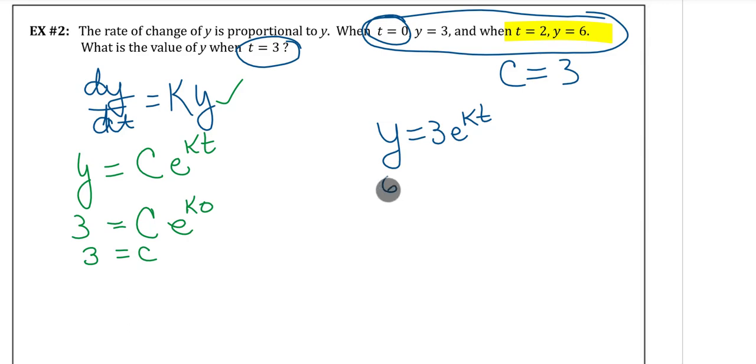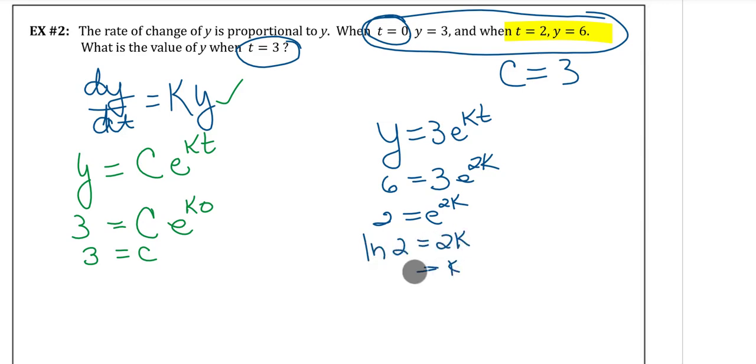So 6 is going to equal 3 times e to the 2k. And so we have 2 equals e to the 2k. Take the natural log of both sides. So we're going to have ln of 2 equals 2k. So k is going to equal ln of 2 over 2. So k is approximately equal to 0.347.